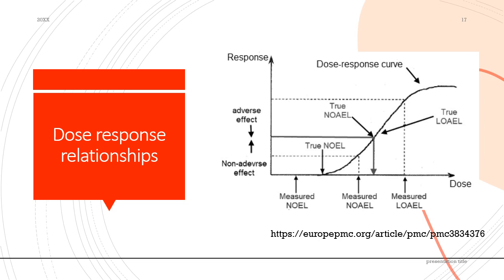These figures show the dose of the chemical plotted against the response. One dose I mentioned first is the NOEL, the no observed effect level. It means the dose at which you cannot see an adverse effect, and the LOEL is the lowest observed effect level.